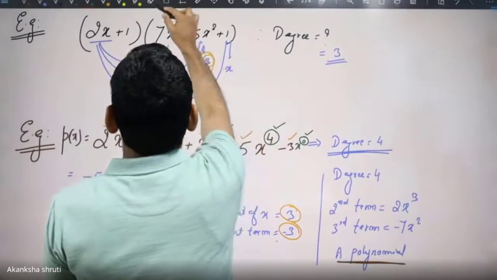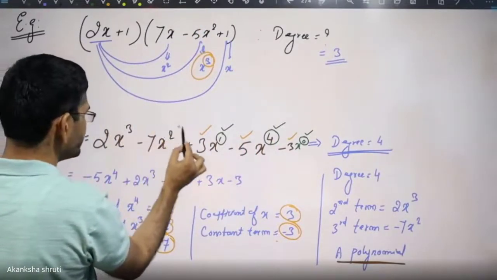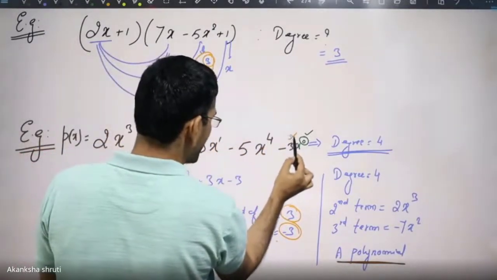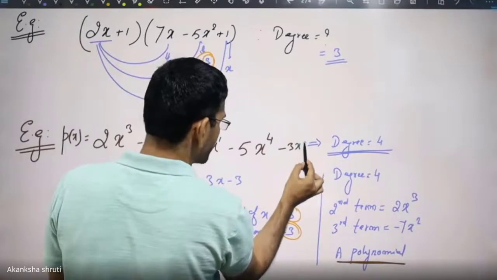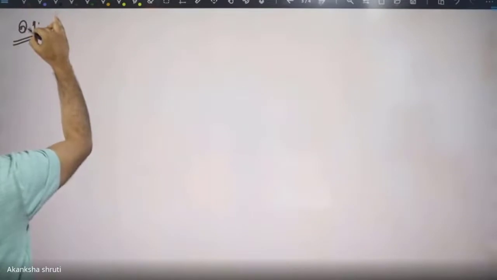Now, we have to apply these definitions for different categories of mathematical expression, and then we have to tell whether it is a polynomial or not. That is the first kind of question that comes from this chapter. Even last year it was also asked. The degree is defined only for polynomials.